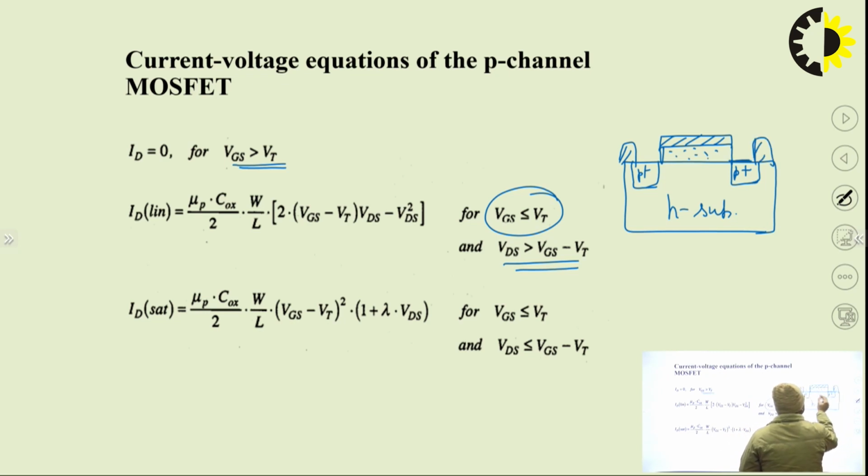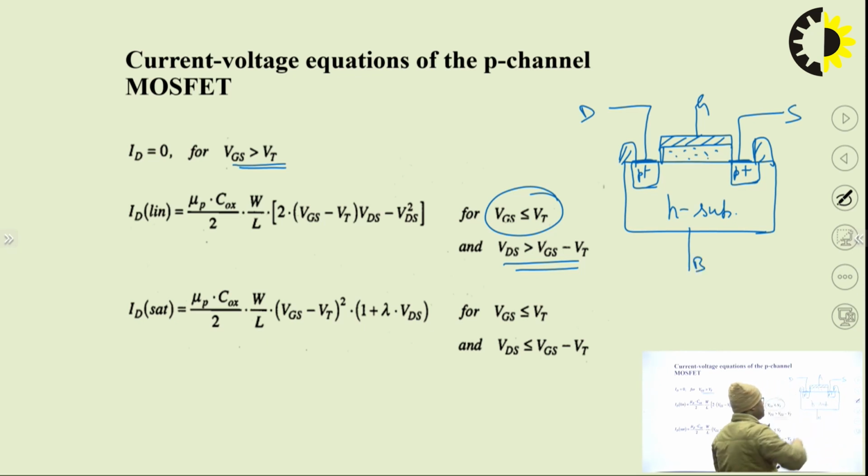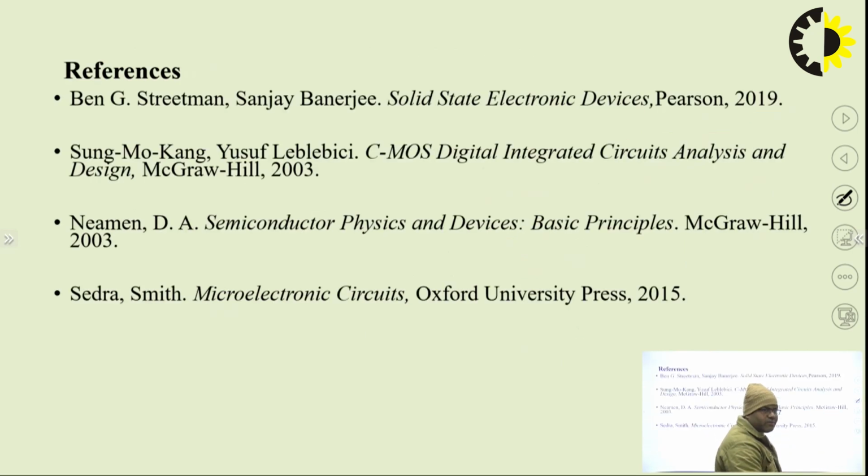Some metal contacts are there. This can be drain, this can be source, this is gate, and this is substrate. In the p channel MOSFET we have an n substrate, while in the n channel MOSFET we have a p substrate. So these equations are derived for the p channel MOSFET.